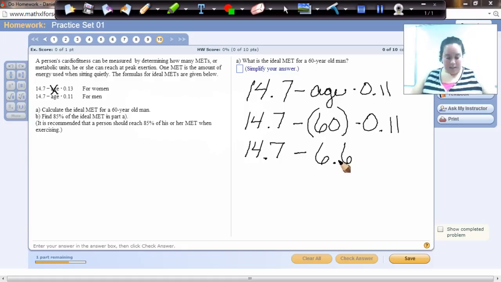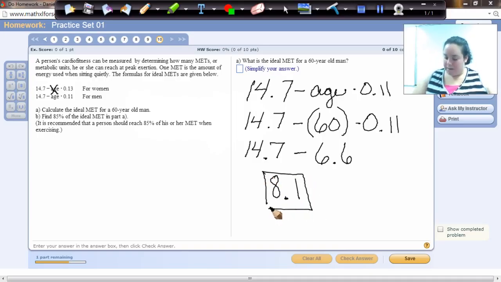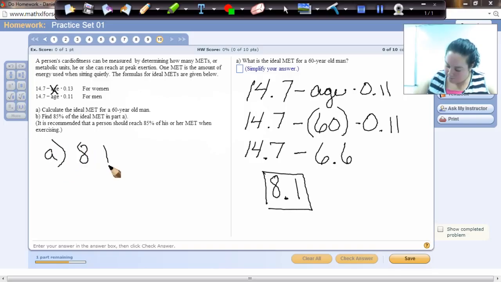And then lastly, we'll do 14.7 minus 6.6. And that is 8.1. Great. So the answer for A is 8.1.